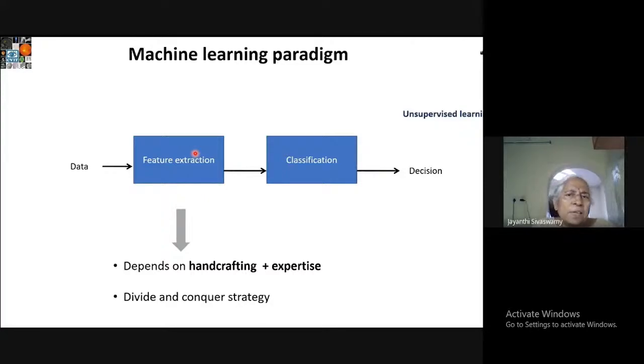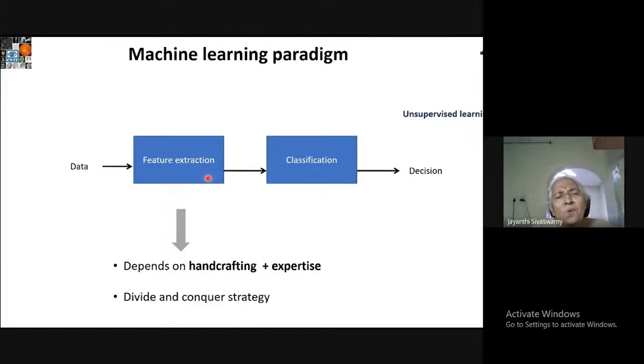Now, these two stages do a divide and conquer strategy, as in, if I know a very good set of features, I can extract them, and the classifier can be not a very discriminatory classifier. It will still do a good job because the feature space is such that the classes are highly separable.